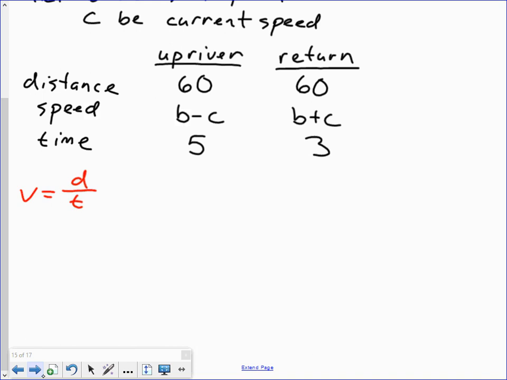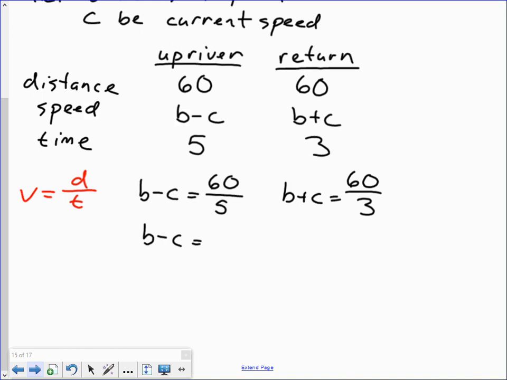So traveling upriver, our velocity is going to be B minus C. Our distance is 60. Our time is 5. On the return trip, our velocity is B plus C. Our distance is 60. And our time is 3. We can do the same sort of technique for solving as we used last time. 60 divided by 5 is 12.